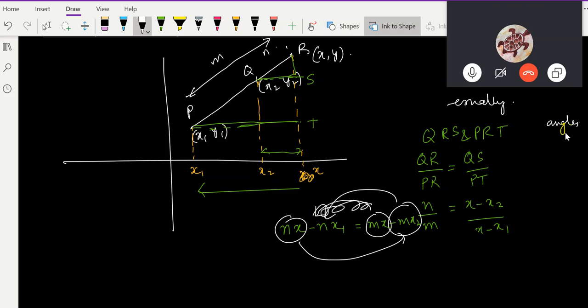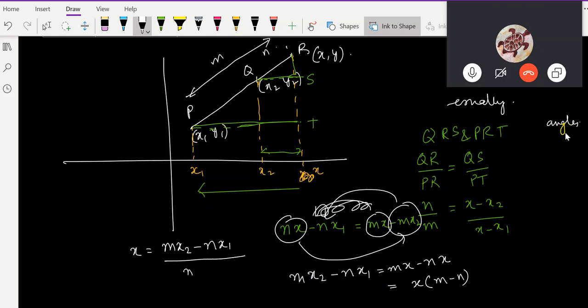So therefore mx2 minus nx1 is equal to mx minus nx, or this is equal to x into m minus n. So x is equal to mx2 minus nx1 by m minus n, right?